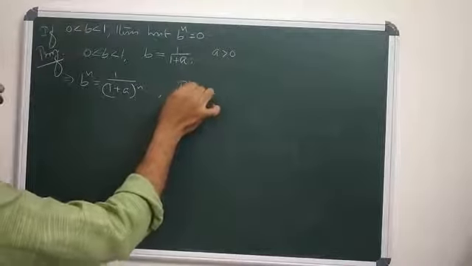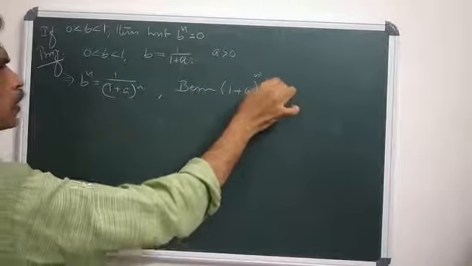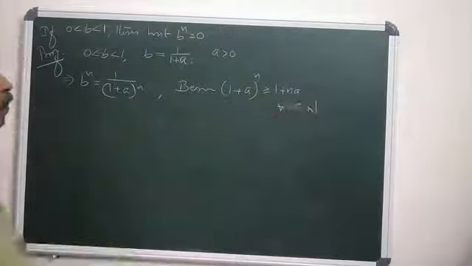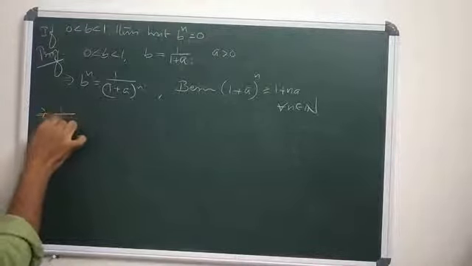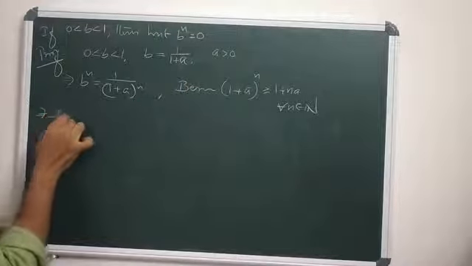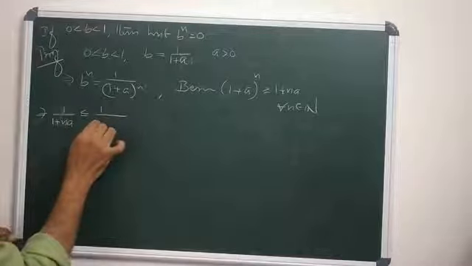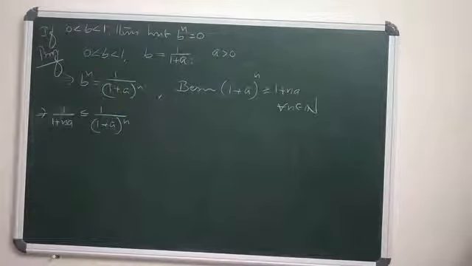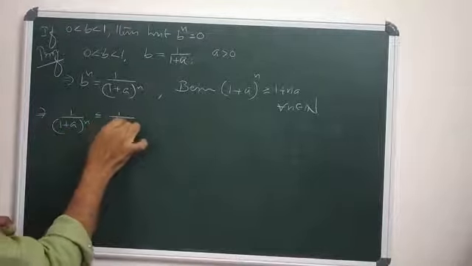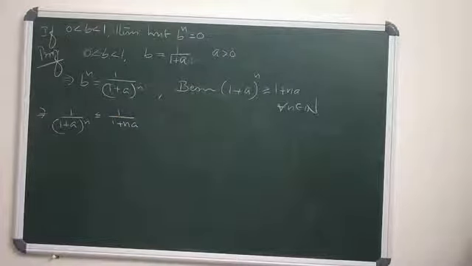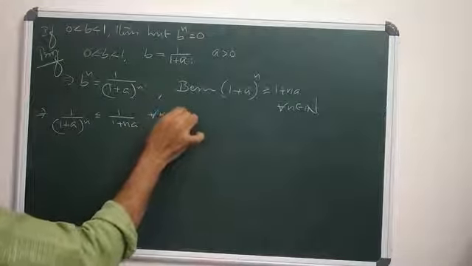But by Bernoulli's inequality, (1+x)^n is greater than or equal to 1 + nx. So by Bernoulli's inequality, (1+a)^n is greater than or equal to 1 + na. That means 1/(1+a)^n is less than or equal to 1/(1+na), for all n in N.